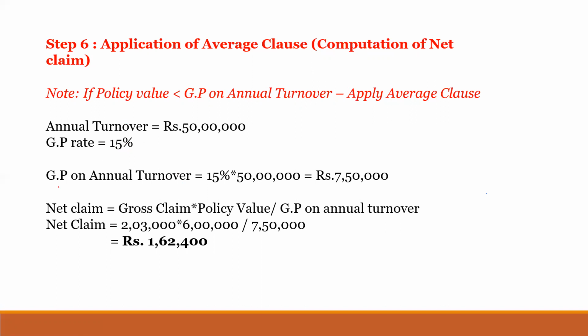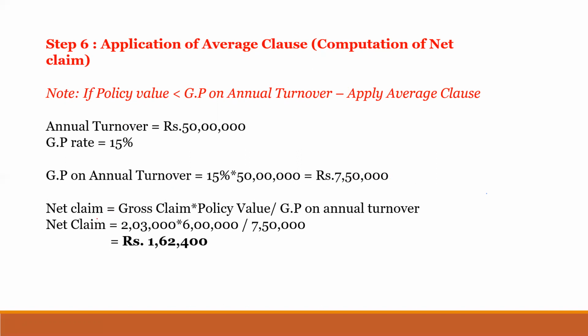So when we calculate gross profit on annual turnover, it will amount to 7,50,000. And also check the policy value. In this case, the insurance policy is taken for a sum of 6 lakh. So it is clear that the policy value is less than the gross profit on annual turnover. So because of that, we apply the average clause in this particular case.